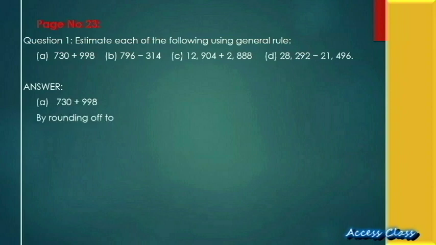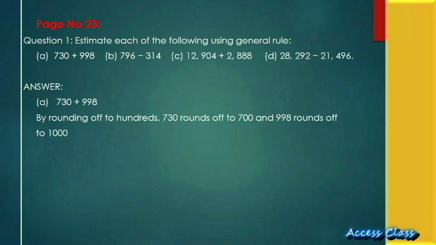By rounding off to hundreds, 730 rounds off to 700 and 998 rounds off to 1000. So here the question arises, why have we rounded off to the nearest 100 for the first and the second number, I mean 730 and 998?